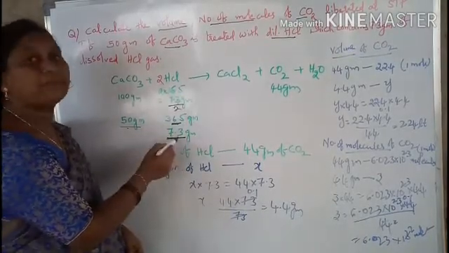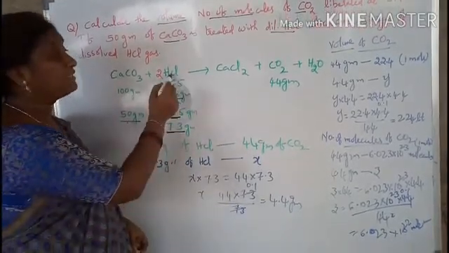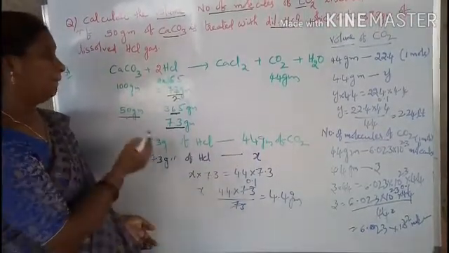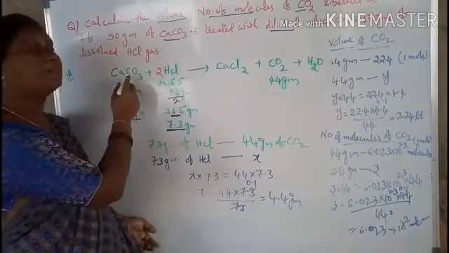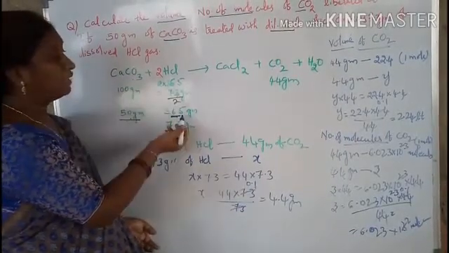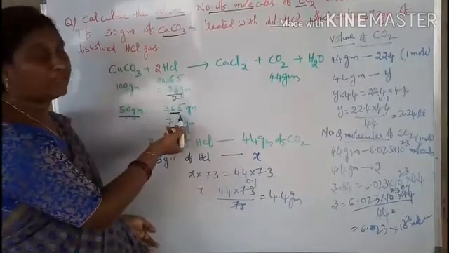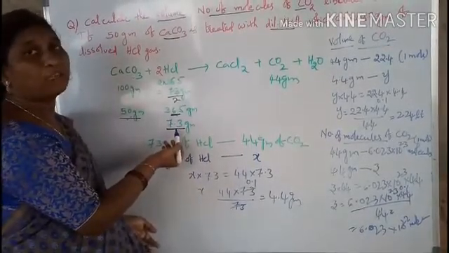But here only 7.3 grams of HCl is present, not 36.5 grams of HCl. Even though calcium carbonate is present in 50 grams, HCl is present in a lesser amount, not 36.5 grams, but only 7.3 grams available.